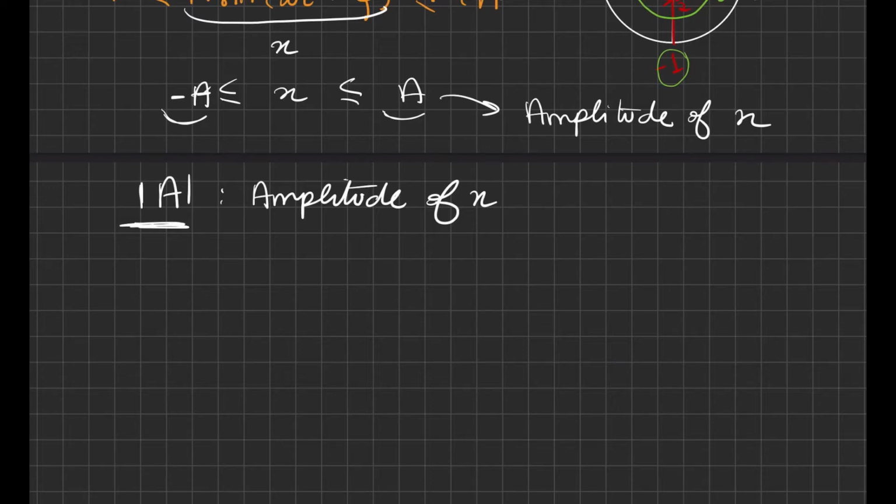I'm going to study now another function, not a sine function, but a cosine function. And we're going to see something similar to this. So now let's also take x equals a cosine omega t plus phi.